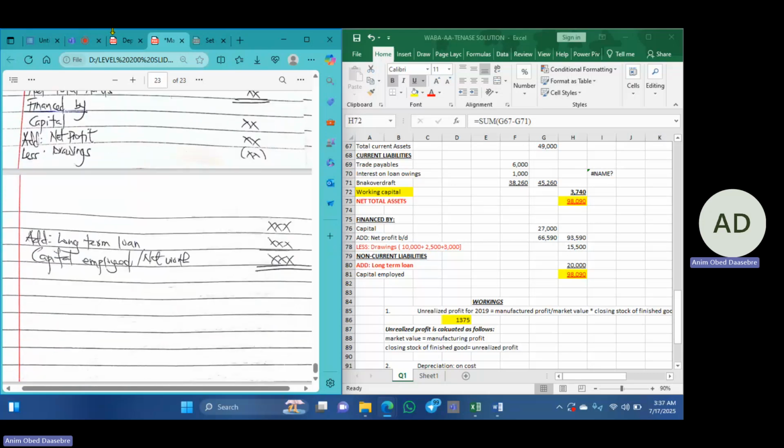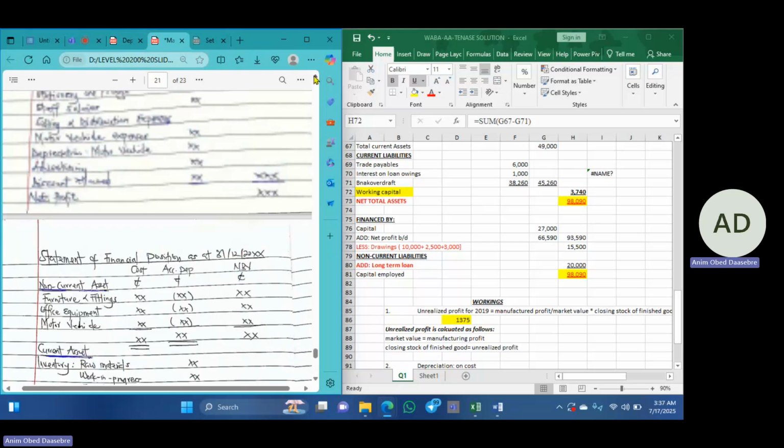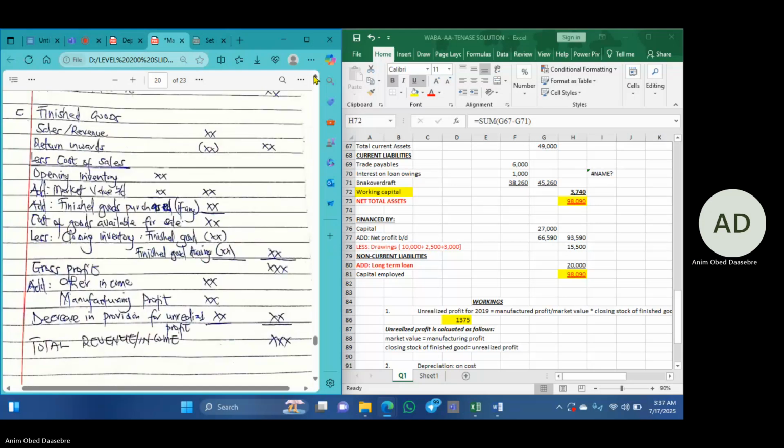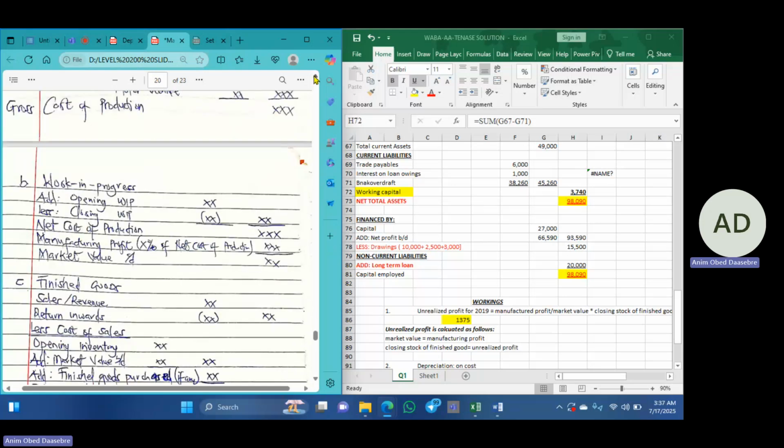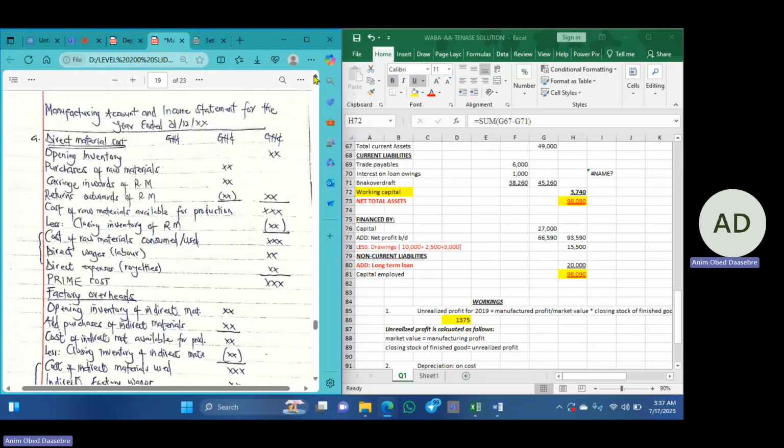So guys, this is the end of our discussion on manufacturing accounts.